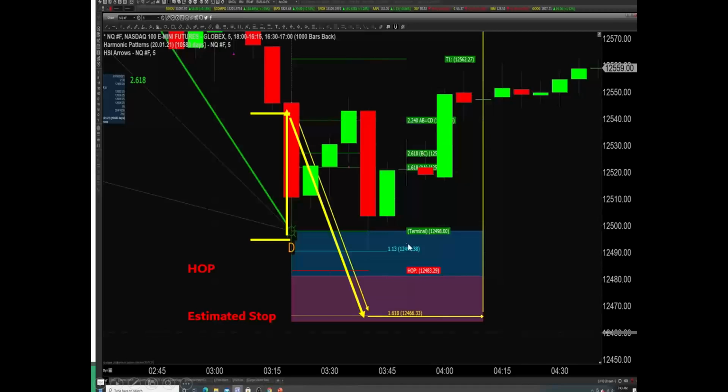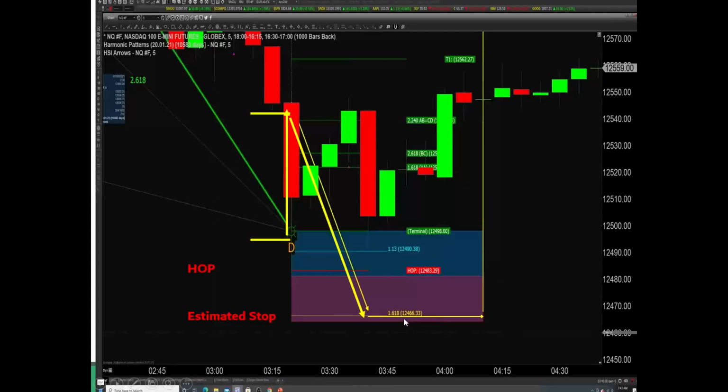But this gives us a consistent way to estimate those levels. The distance between the PRZ and the terminal, and between the PRZ and the hop, will vary pattern to pattern, but I've utilized this technique enough now that this is a definitive amount.